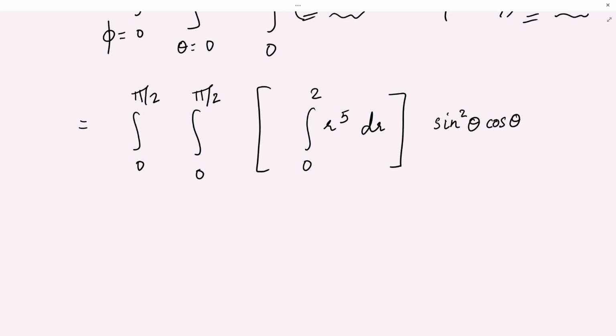So this is r raised to 5, and here it is sine cube into cos theta, and here you have sine 2 phi by 2.